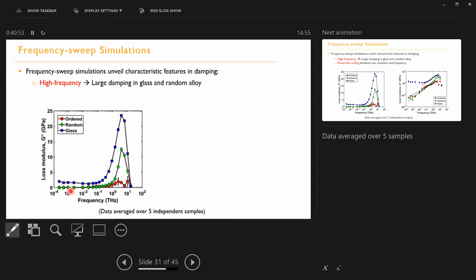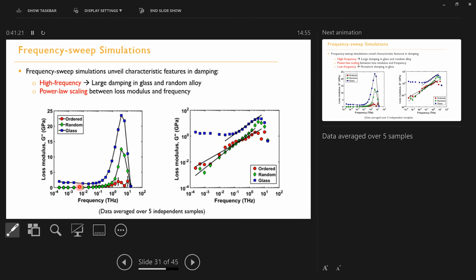This is something that was completely out of our expectation. Why is that the case, right? And the other thing, of course, is the ordered alloy shows much less loss modulus compared to the random alloy, which is again much smaller compared to the glassy alloy. Okay? So glassy structures give you very high loss modulus, not just at the peak frequency, but also at lower frequency.